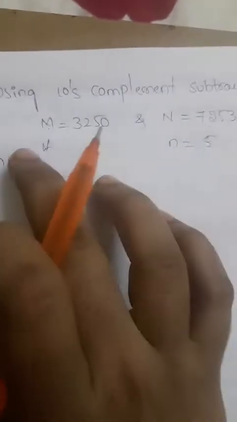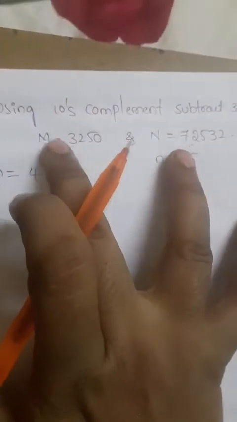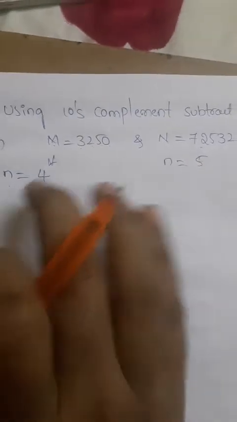So capital N consists of 5 digits and small m consists of 4 digits. If we need to do the tens complement method in radix complement, both numbers must have the same number of digits.